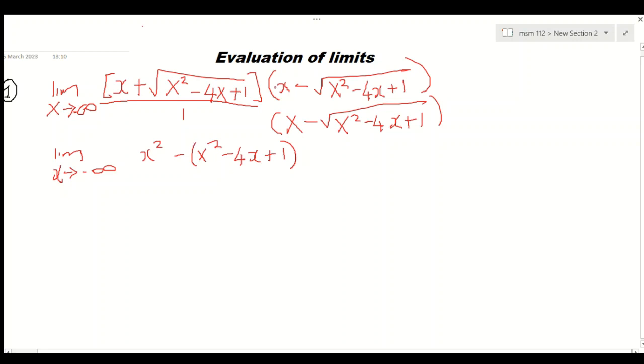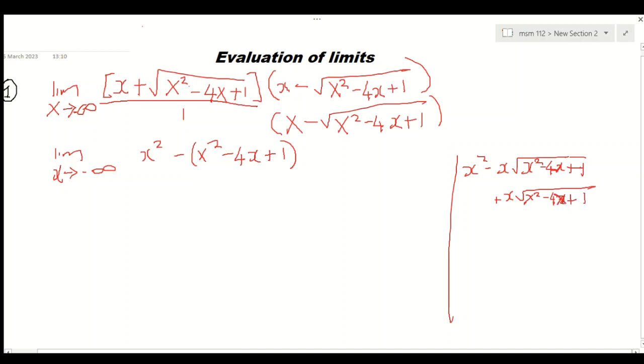When you multiply this and this, let me show you aside. When you multiply x and x, it will be x squared. When you multiply x times the root, it will be minus x times the root of x squared minus 4x plus 1. And when you multiply this by that, it will be plus x times the root of x squared minus 4x plus 1.